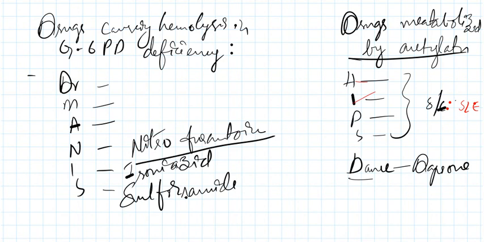Hydralazine, isoniazid, procainamide, and sulfonamide. You got it? So sulfonamide is a drug which is metabolized by acetylation, as well as sulfonamide causes hemolysis in G6PD deficient individuals. So we will come to one more topic, that is pregnancy drug categories.